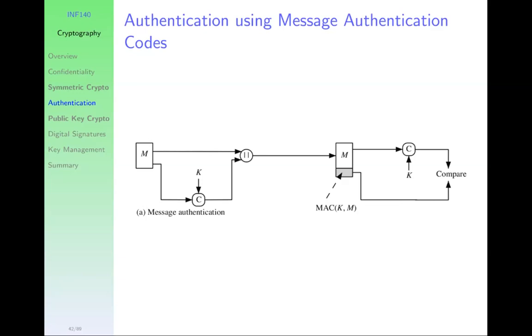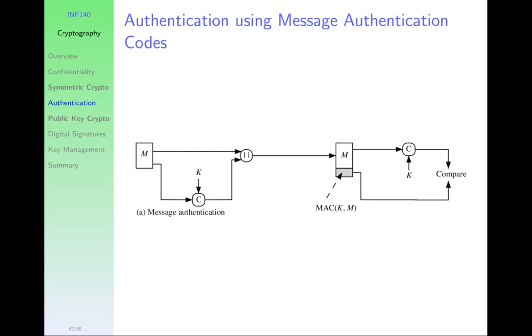So this is the general mode of using a message authentication code. Suppose we have two communication parties, Alice and Bob. Alice takes a message M, and this message is input to a message authentication algorithm with a secret key. It gives an output called the MAC tag.